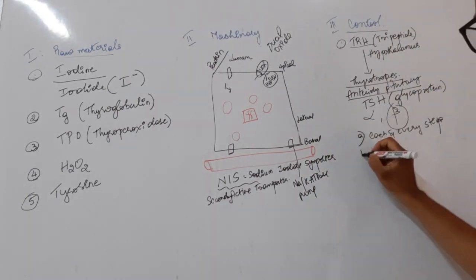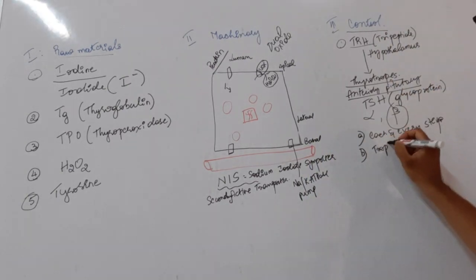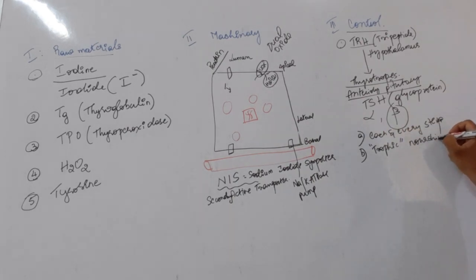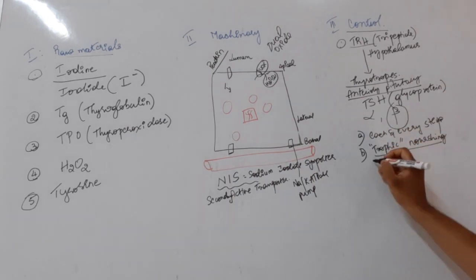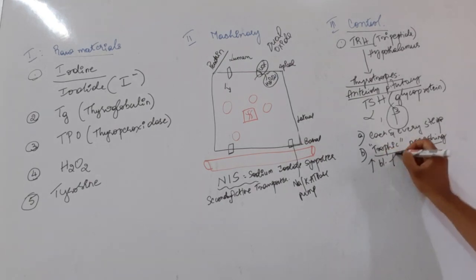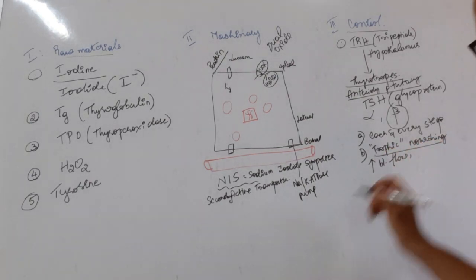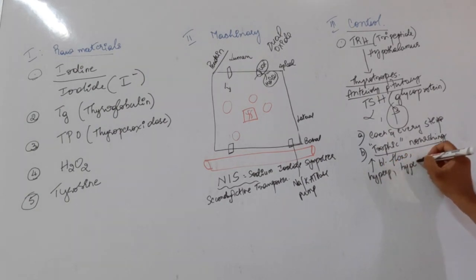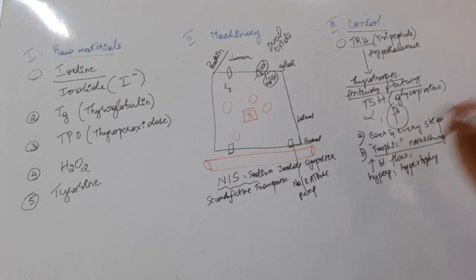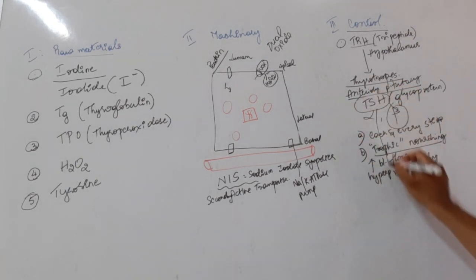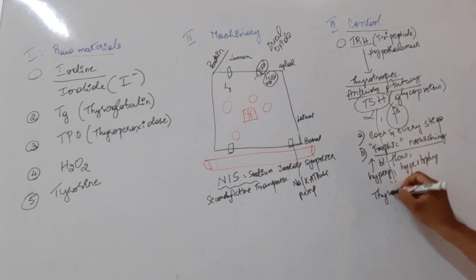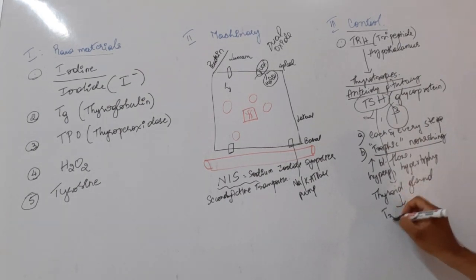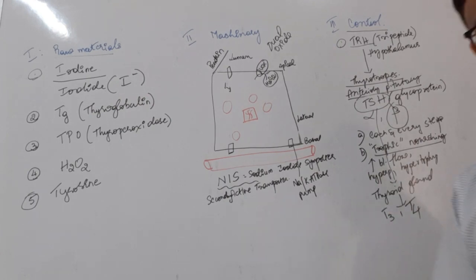Not only this, it also has a trophic or nourishing effect on the thyroid gland. It increases the blood flow to the thyroid gland, and it also causes hyperplasia and hypertrophy of the thyroid gland. Therefore, the TSH will act on the thyroid gland for the production of the hormones T3 and T4.